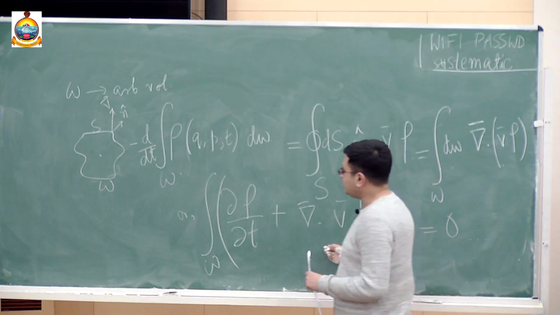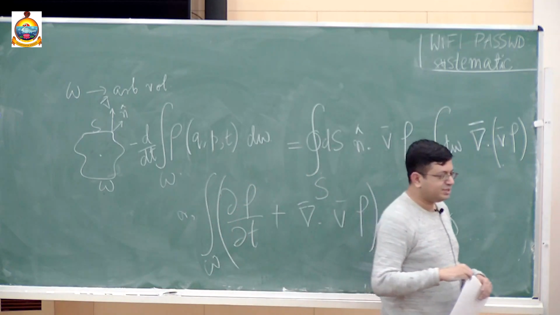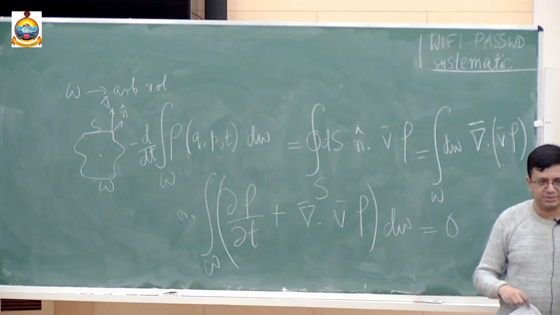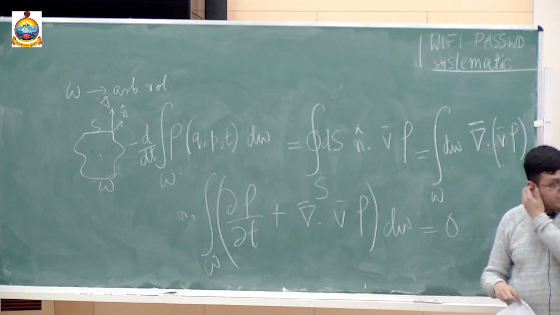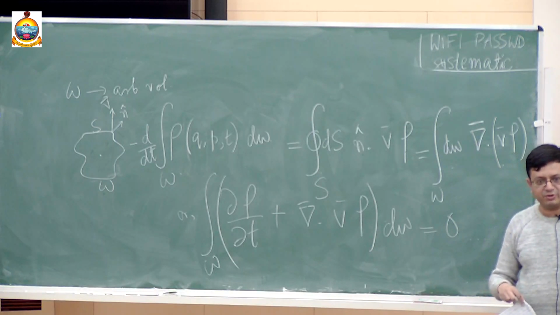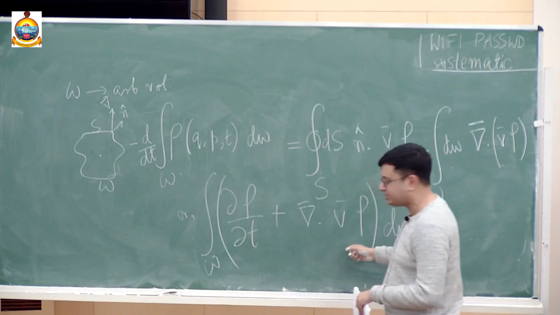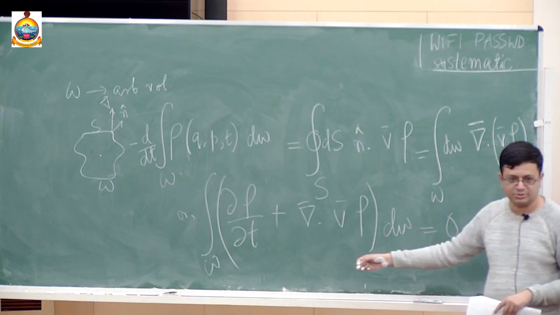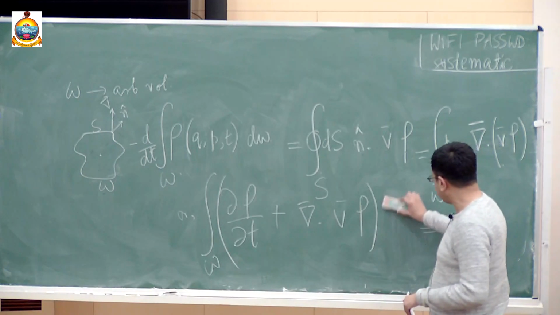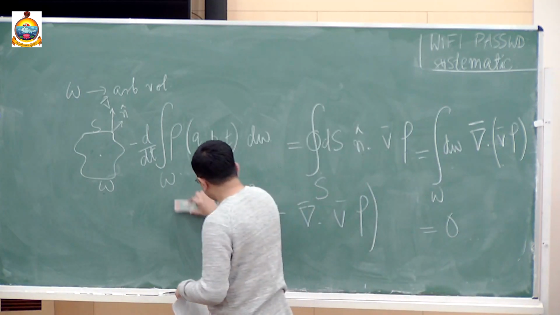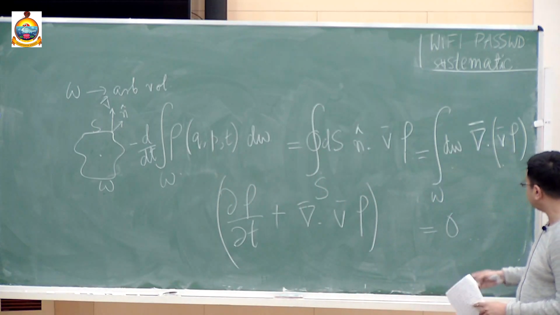This is just another way of saying that the system is a conservative system: if you have some volume element, the number of points contained inside that volume remains the same. So it means that this integrand has to be equal to 0, because it's going to be true for every omega that you consider, and therefore we get Liouville's theorem that del rho del t plus divergence of v rho is equal to 0.